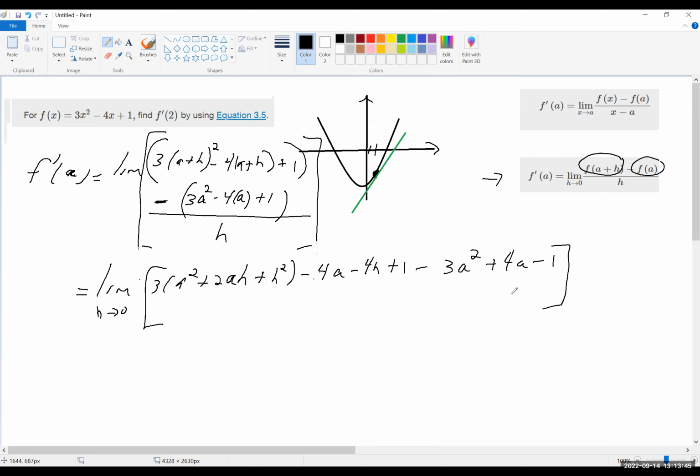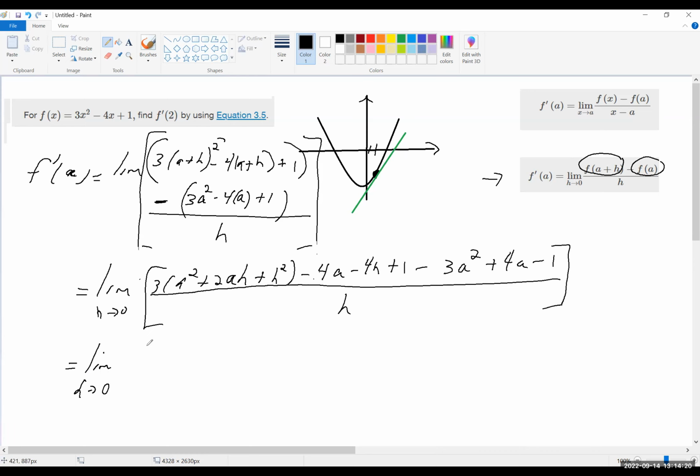Hopefully I didn't make any mistakes. There's a lot going on there, and you'll just have to check on your own that it all makes sense for you. I know some of you will be thinking, where did I get that piece? And I'll just remind you that I squared the a plus h.